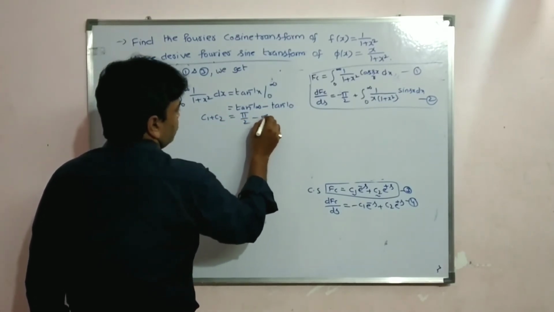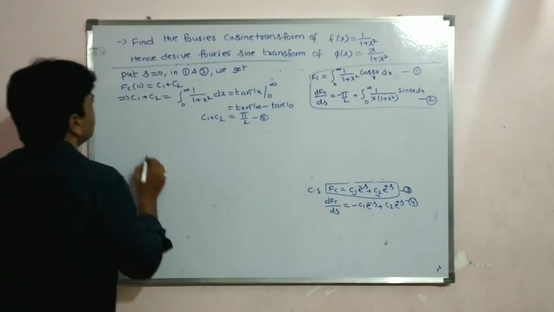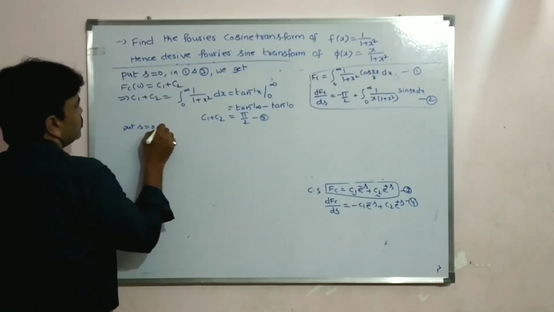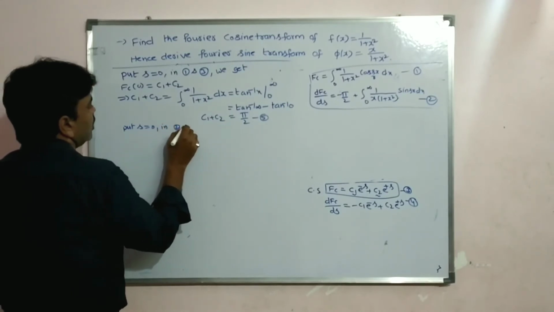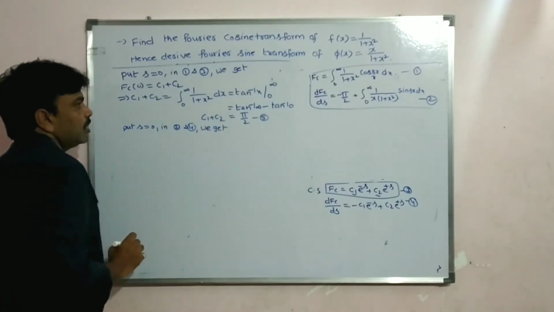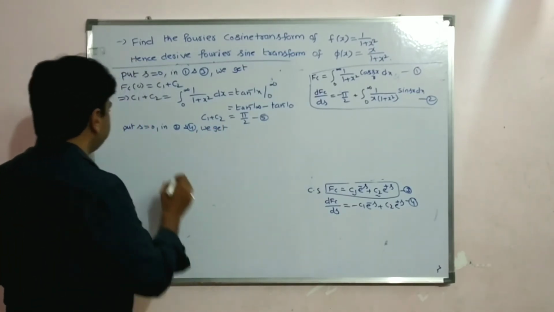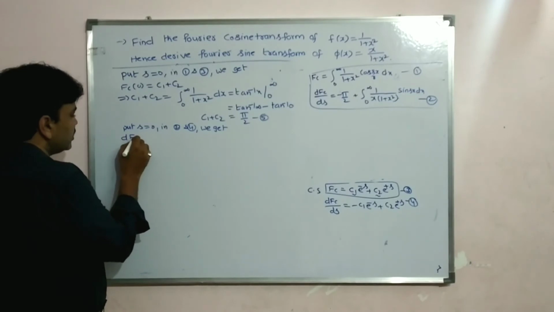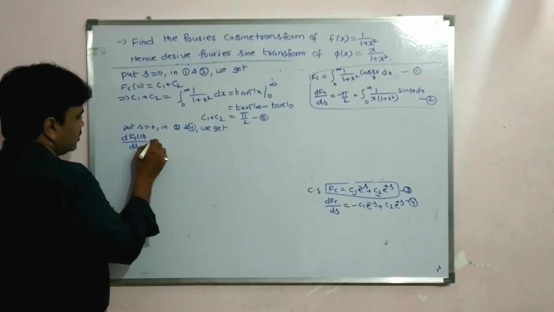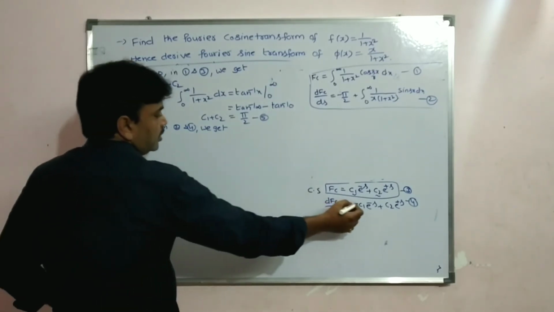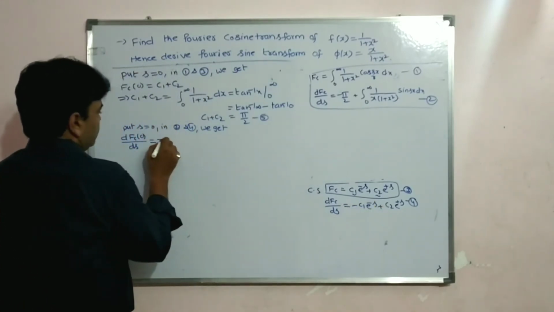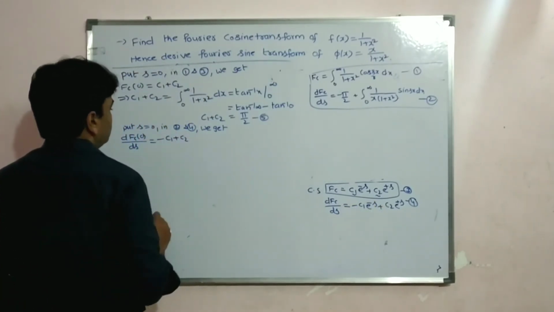So this is 5. Now again put s is equal to 0 in 2 and 4. We get dFc of s by ds at s equal to 0, here also e power 0 value is 1, so we get minus c1 plus c2.